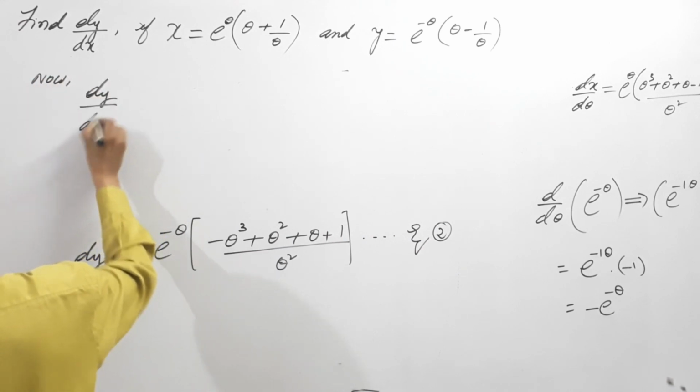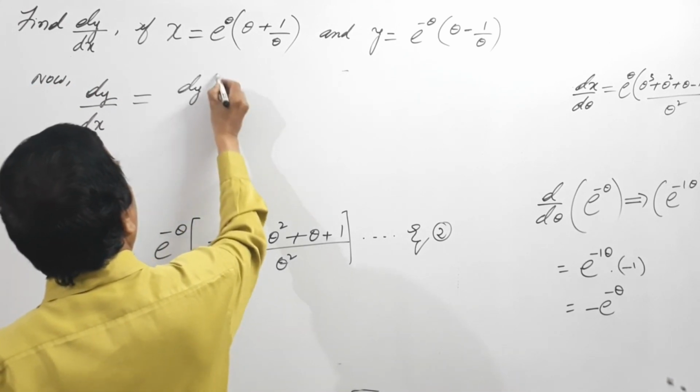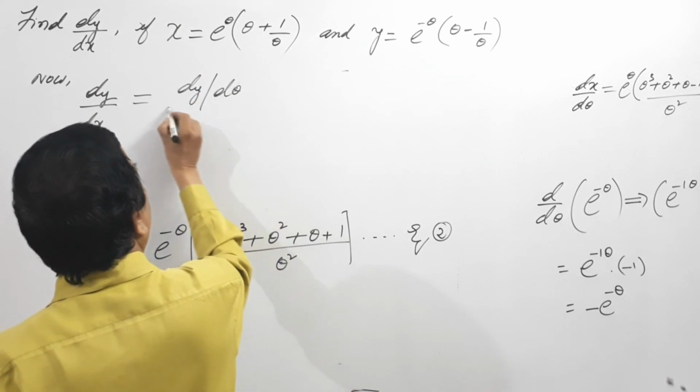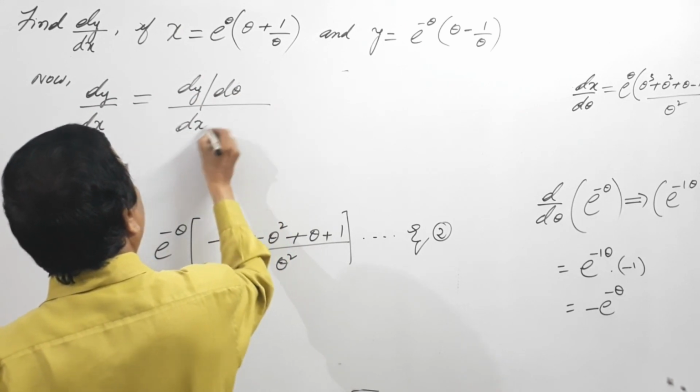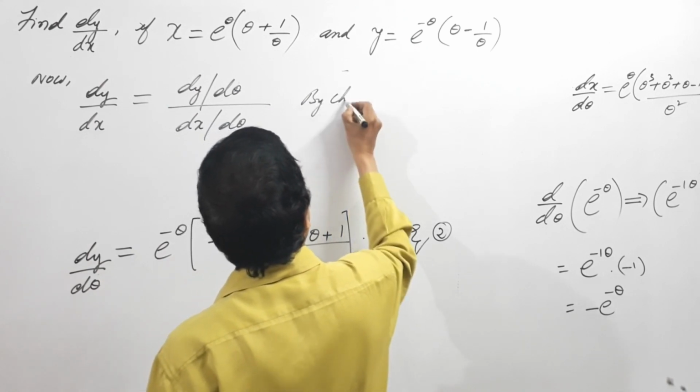Now dy by dx equals to what? Dy by d theta divided by dx by d theta, that is by chain rule.